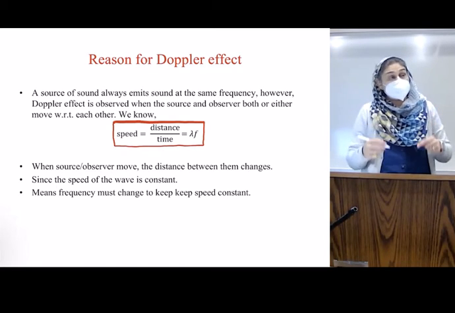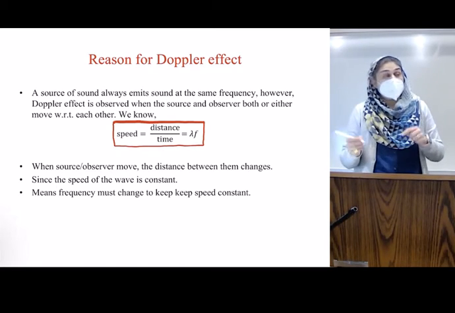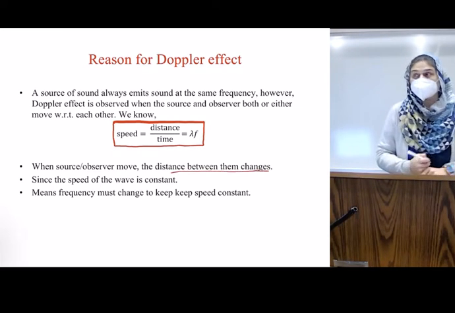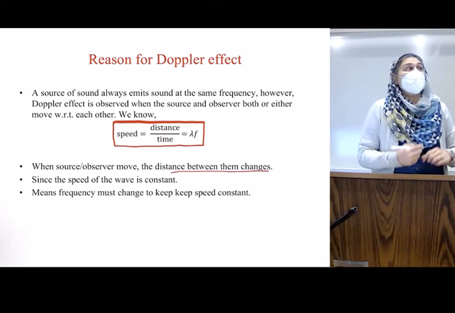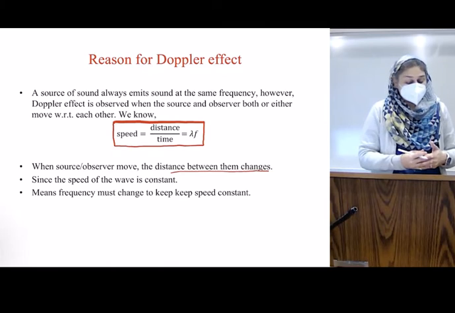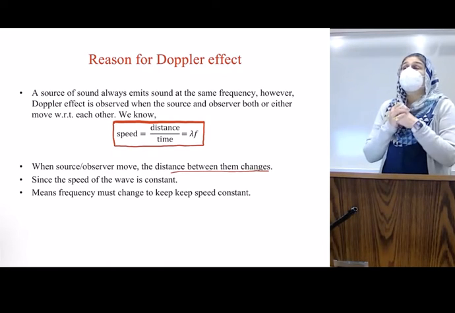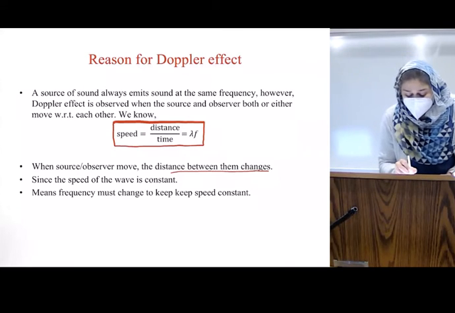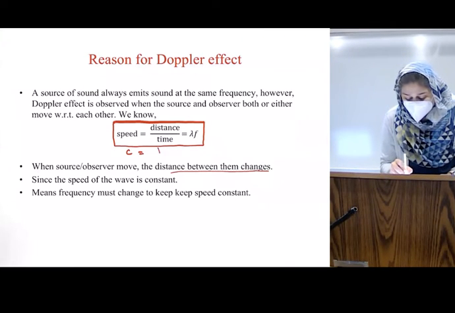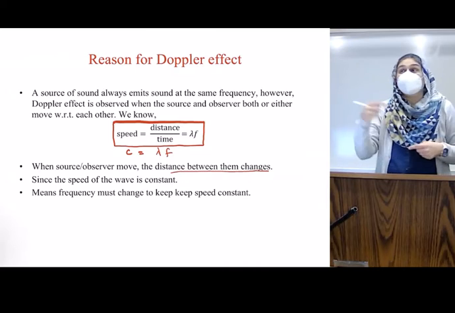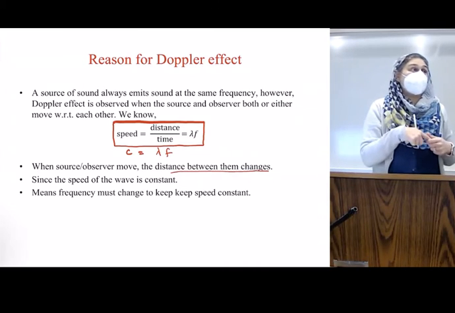Now, as the observer or the source moves, what do we know? The distance between them changes. However, if we keep the speed of our source constant, the speed of the wave will remain constant. Which means, in order to keep the speed the same, if the distance is changing, something else must change in order for the speed to remain constant.